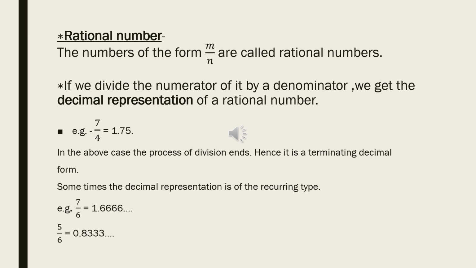For example, 7 upon 6 is equal to 1.6666 and so on. Here the digit 6 in the quotient repeats and therefore 6 is the recurring digit. For recurring, we draw a horizontal line, known as a bar, on the recurring digit.